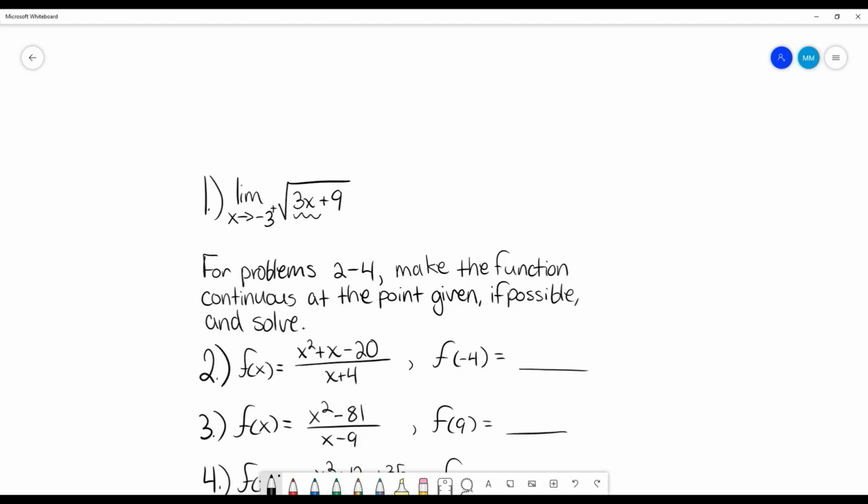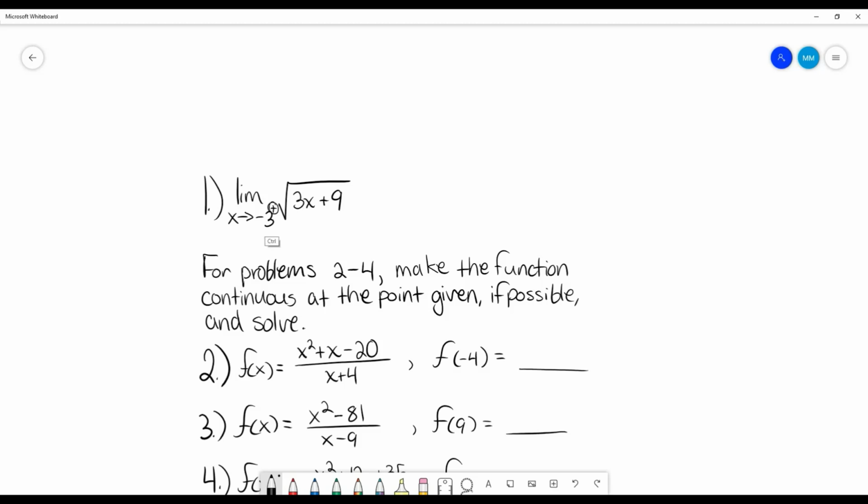So in this case, since we're approaching it from the right, we automatically know that we're not going to end up with any negative values in here, because all of our values are going to be bigger than this -3. If I plug in, say, a -2, for example, I'm going to get 3 times -2, which makes -6, plus 9, which just gives us the square root of 3 here. And as we get into even bigger numbers, did I say smaller before?